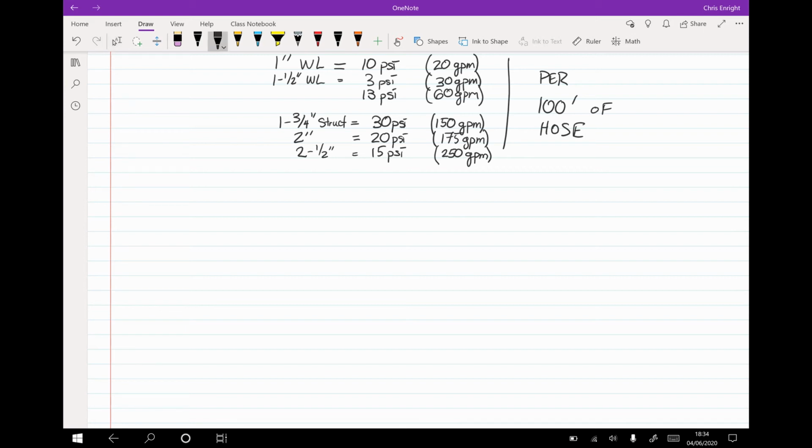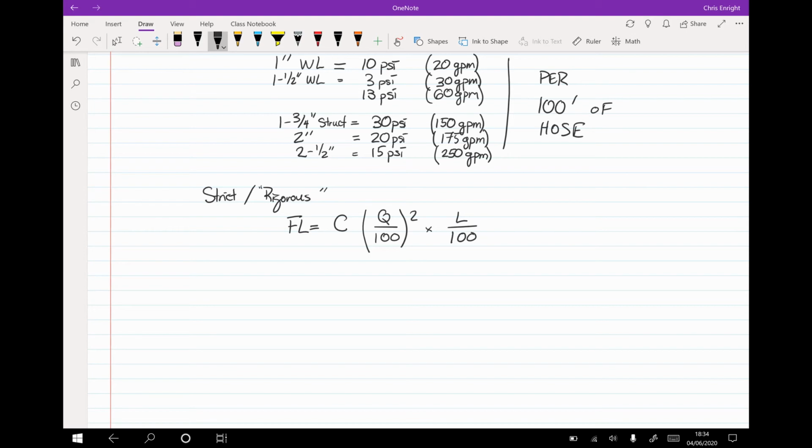So if we're doing this in the strict sense, or rigorous, we do that math as friction loss is equal to C, some nominal coefficient, multiplied by Q over 100 squared times length over 100.